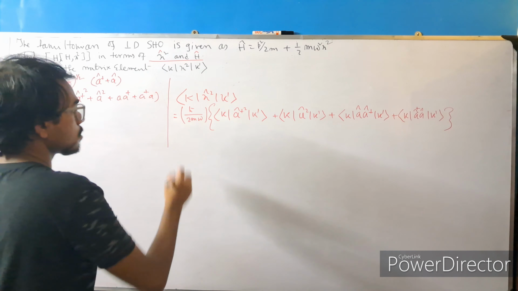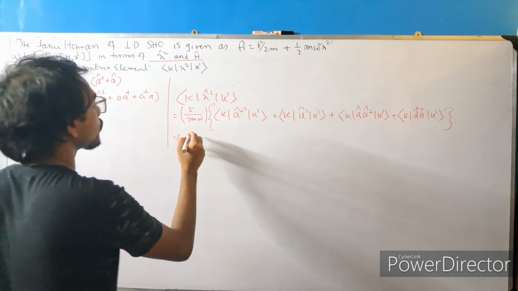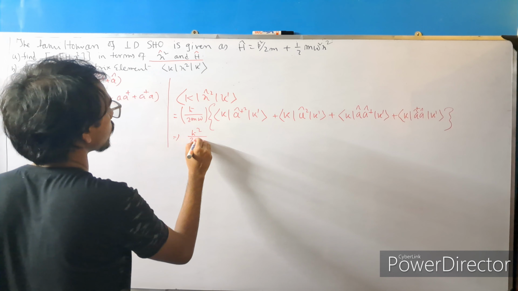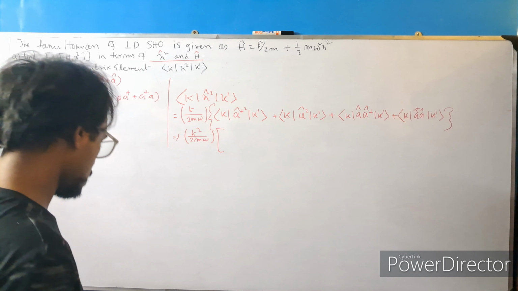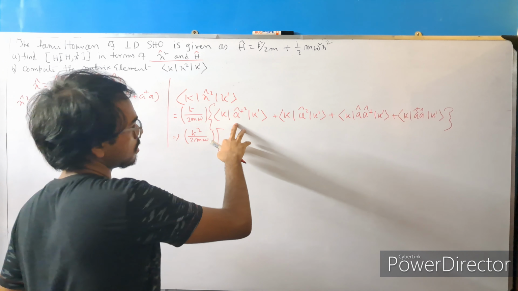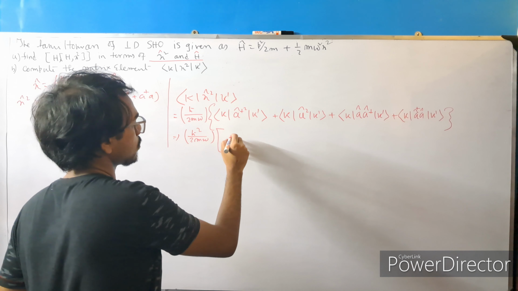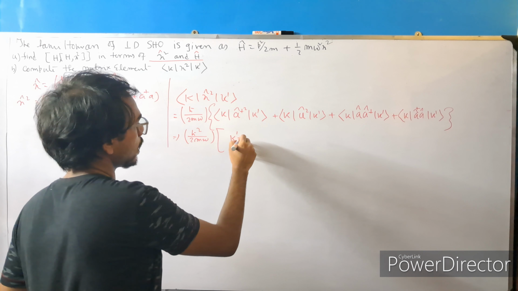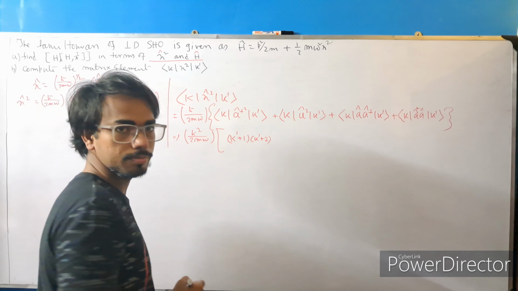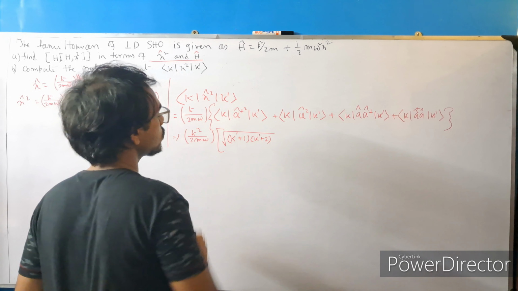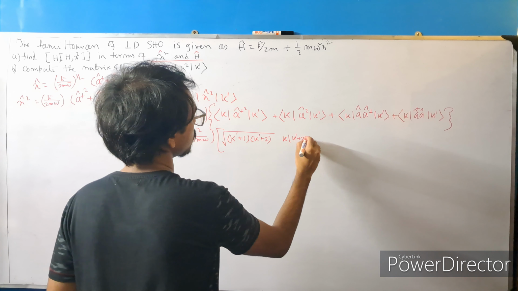okay. So now we can write, like, if a dagger is going to operate here 2 times, then I will get k prime plus 1, k prime plus 2, within root, and k prime plus 2.